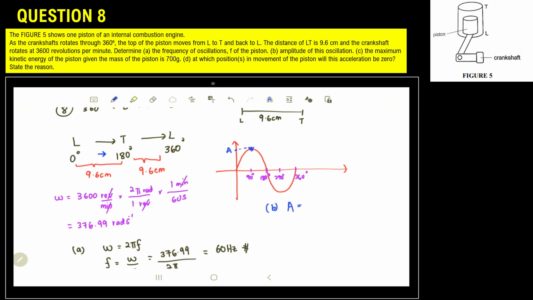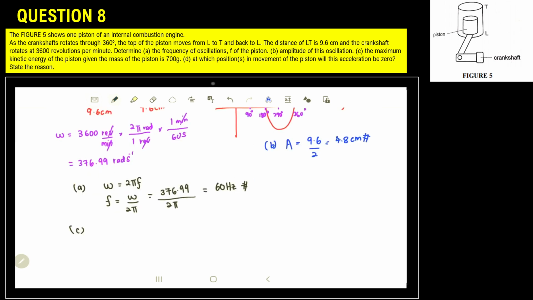If from 0 to 180 degree is 9.6 centimeter, then from 0 to 90 degree it should be half. So the amplitude is 9.6 divided by 2, which is equal to 4.8 centimeter.